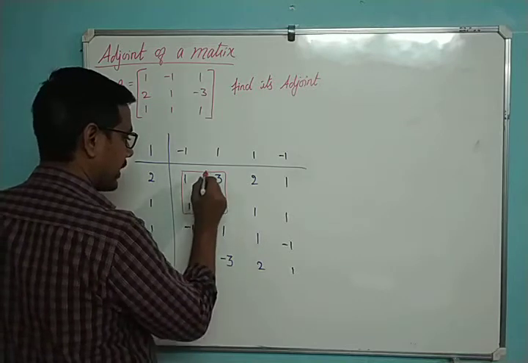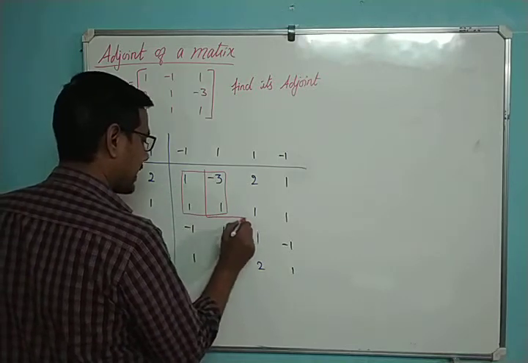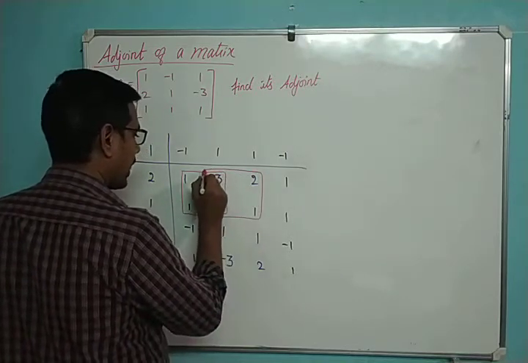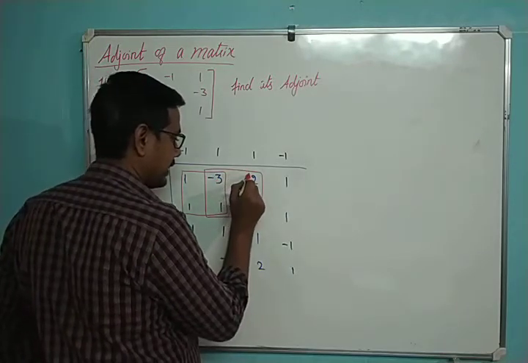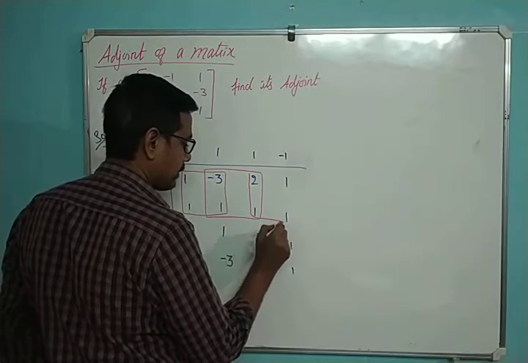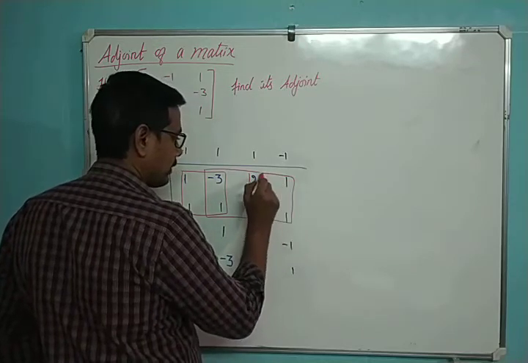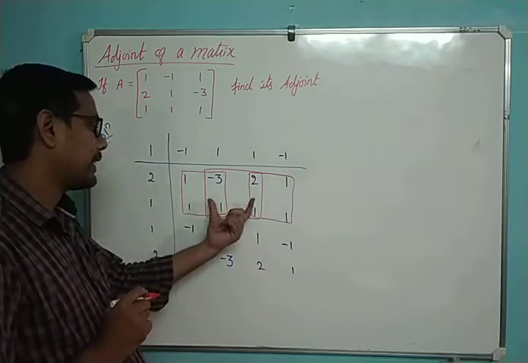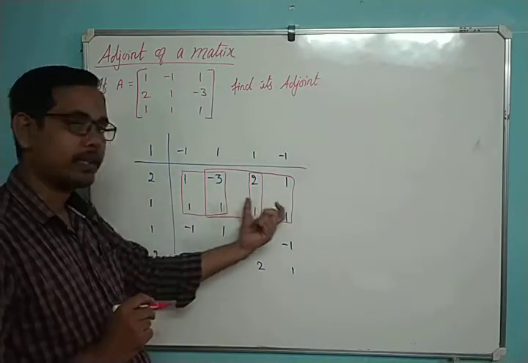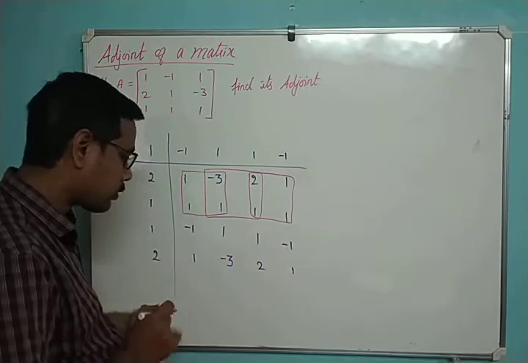This is the first determinant. The second determinant should be taken from the last column of the first determinant. This will be second, then this will be third. First, second, third. Similarly, here also we should do it.